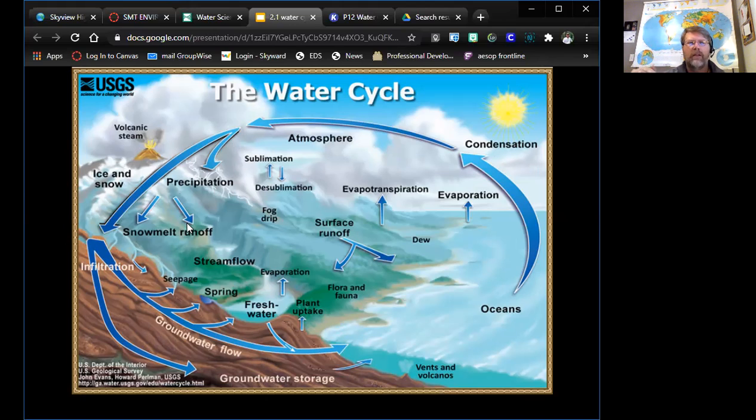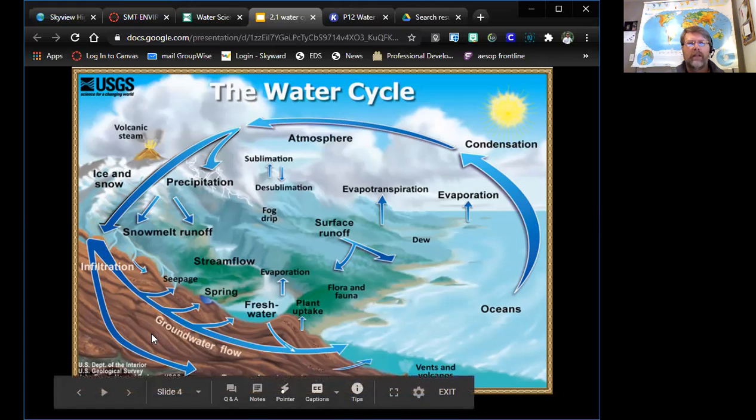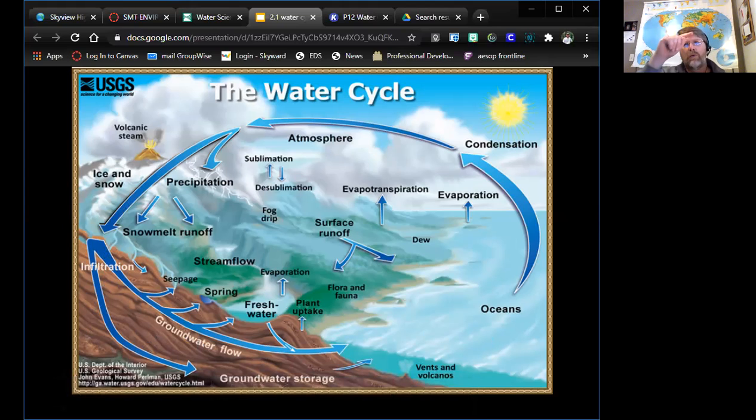Okay, then it's either going to hit a stream or it's going to start to move into the soil. That's called percolation, as it moves into the soil and does infiltration. It can sink all the way down to the aquifer and stay as stored water, or it can move through the soil in groundwater flow, or what's sometimes called underground rivers.